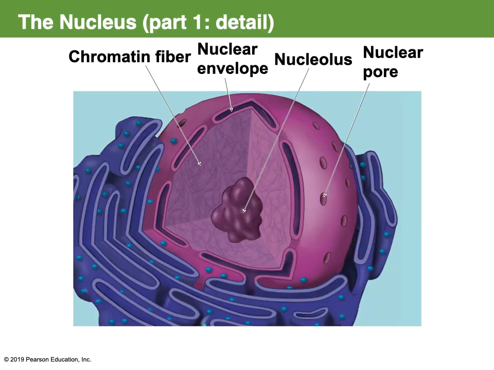I'm just going to pop ahead to the next picture. So again, you see the protein and DNA together form the chromatin, the nuclear envelope surrounding the whole thing. This is basically like they took a triangle slice out of the whole thing. That's why you see those cut lines. And again, things pass into and out of the nucleus via those nuclear pores.